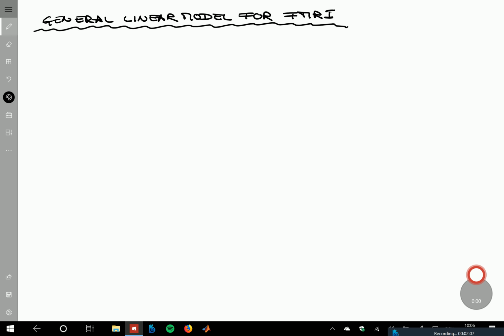The other aspect is to apply it to fMRI. In the past, I did courses on the general linear model with the aim of applying it to fMRI, but then the course on the general linear model basically took up the whole semester, and then the semester was over and there was no fMRI.